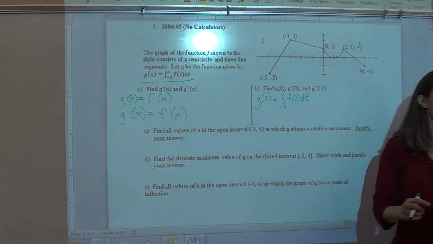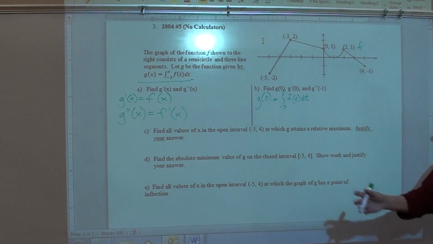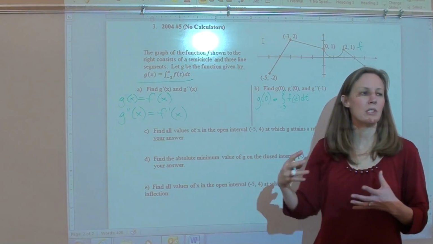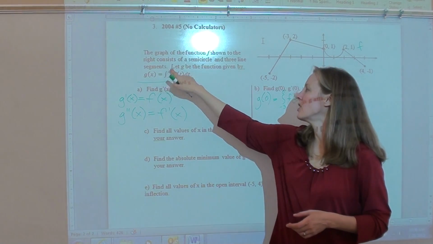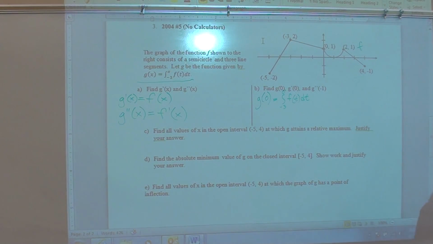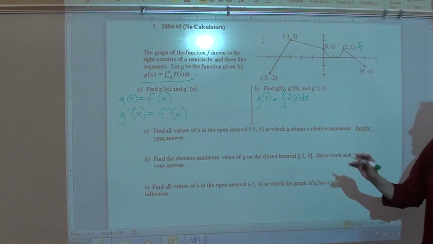Don't let it bother you that the input for f is listed as a t value here and an x value here. For this problem, t and x are interchangeable. So it's okay if you call it f of t or f of x because they both represent the same values. So don't let that freak you out.